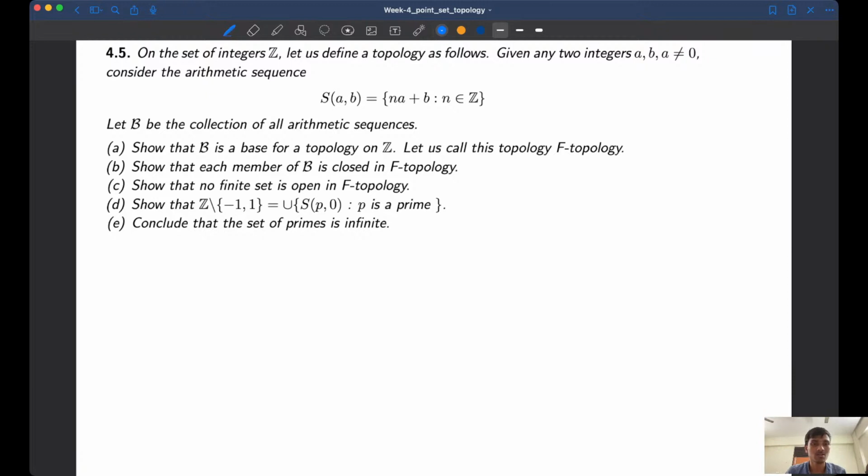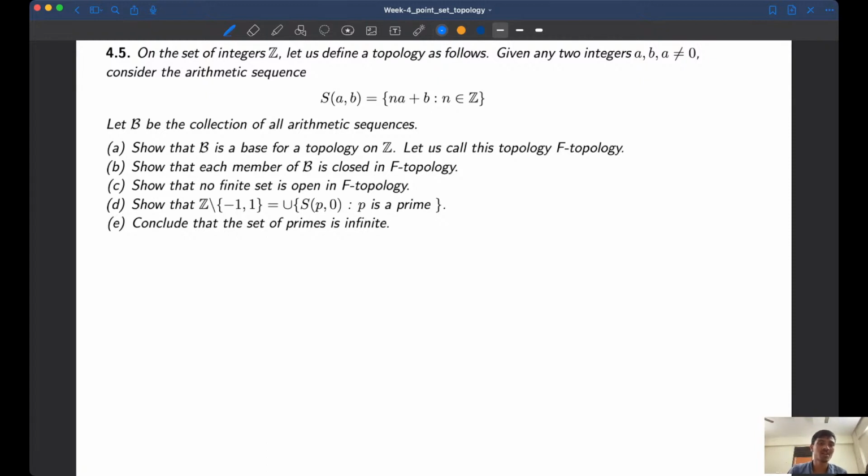So this is open, but if the number of primes is finite, then this is a finite union of those sets. And also in part B it says that each member of the base is also closed. So a finite union of closed sets will again be closed.